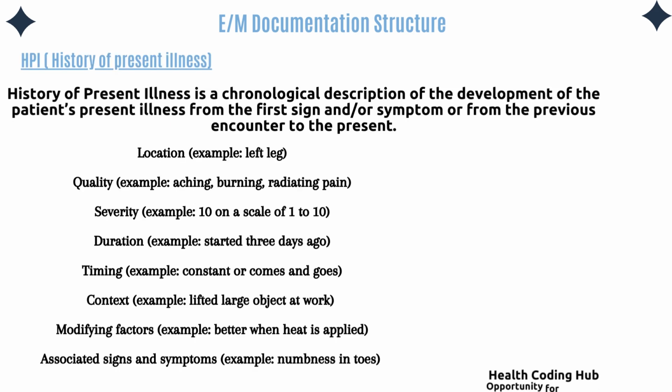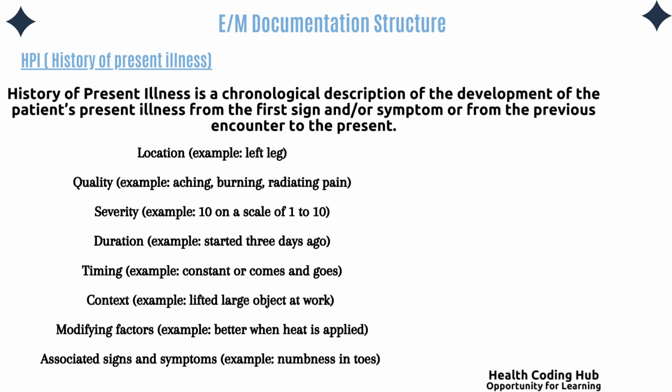Let's talk about the history of present illness. History of present illness is a description of the development of the patient's present illness from the first sign or symptoms or from the previous encounter to the present. It has 8 elements: location, quality, severity, duration, timing, context, modifying factors, and associated signs and symptoms.